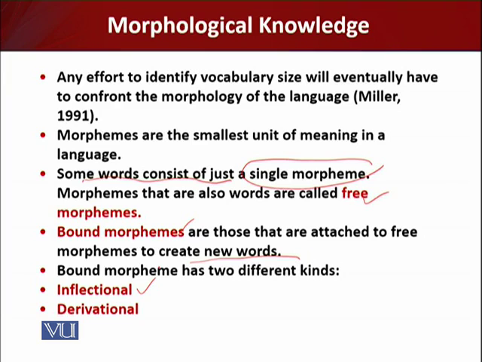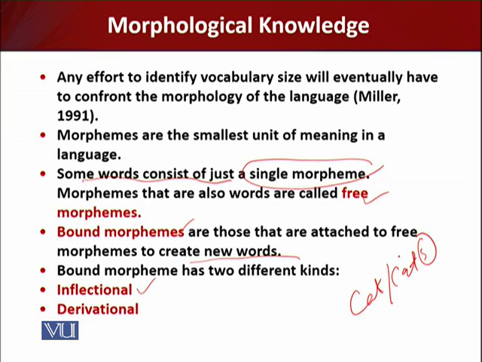Inflectional morphemes in English include the plural morpheme for nouns. For example, cat, and when you add s, it becomes plural, that is cats. So s is the inflectional morpheme here. Cat and then cats. So this is the inflectional morpheme.